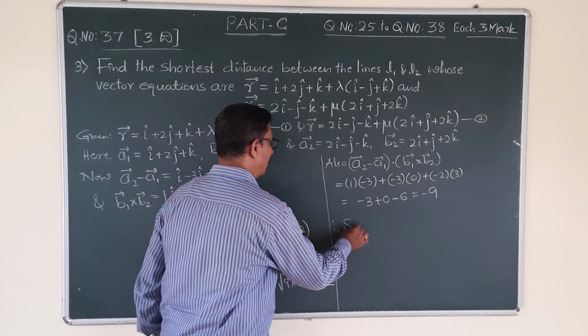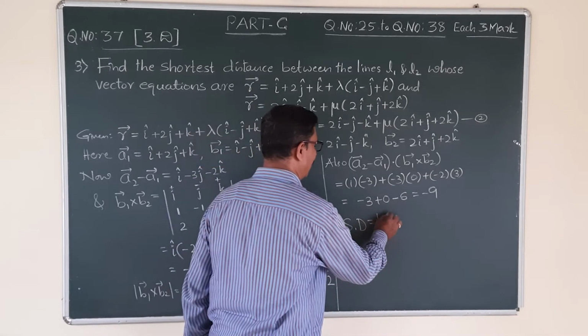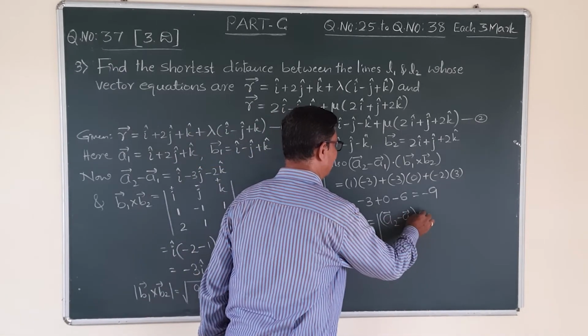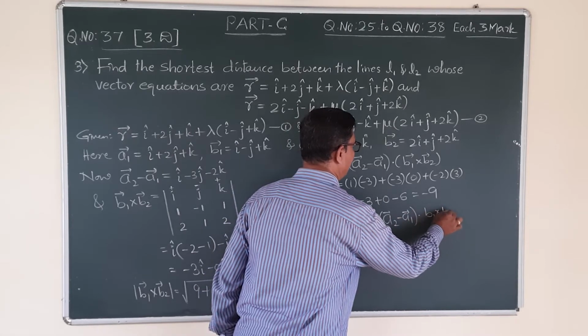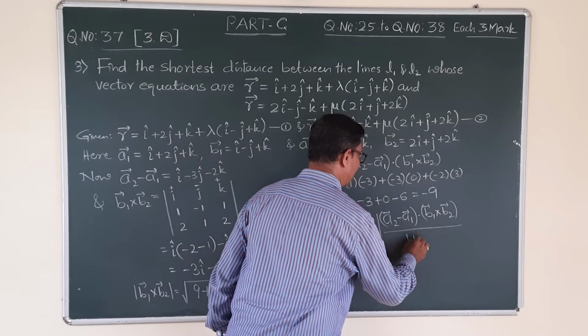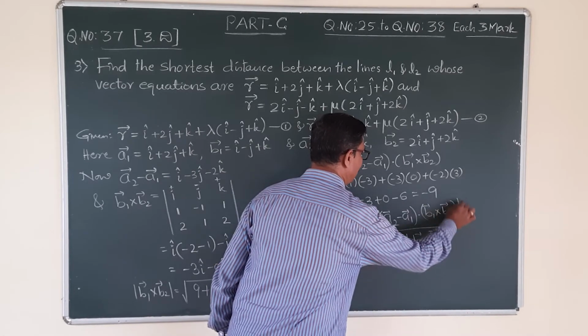Therefore the shortest distance between two lines is given by the formula: modulus of a2 minus a1 dot b1 cross b2, divided by the magnitude of b1 cross b2.